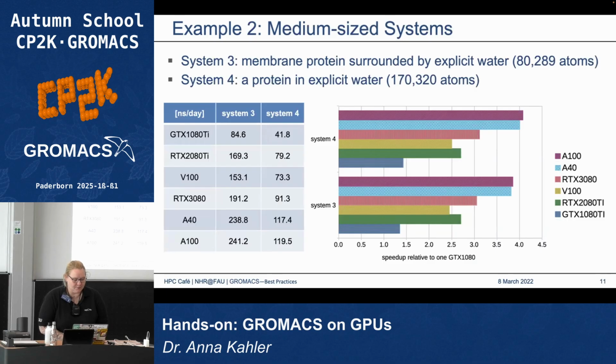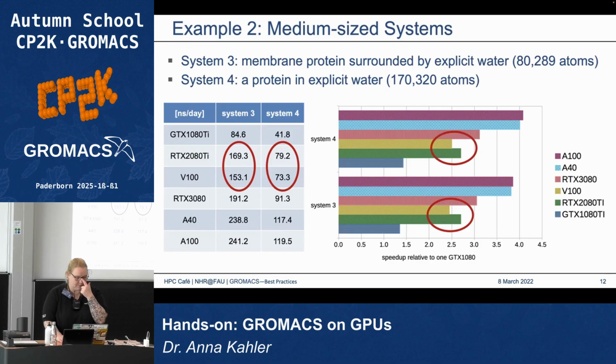The next system I want to show you is actually two systems. It is a membrane protein surrounded by explicit water and just a protein in explicit water. These two systems, number 3 and 4, are also systems that I have made available for you for the hands-on. And what I want to show you here is what we have already talked about, that the professional GPUs, in this case the V100, a Volta generation, and the RTX, the consumer-grade GPU, do not make a real difference in performance.